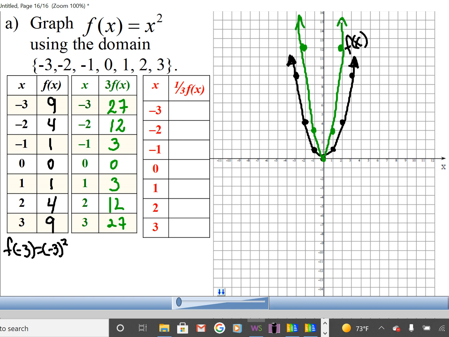Miguel. It got smaller? Not quite. What do you think, Raymond? Yeah, it's a transformation, yes.